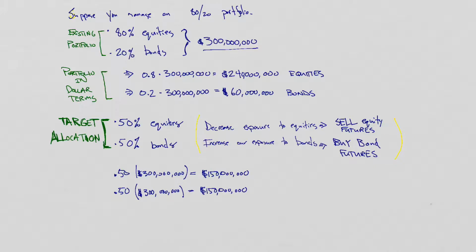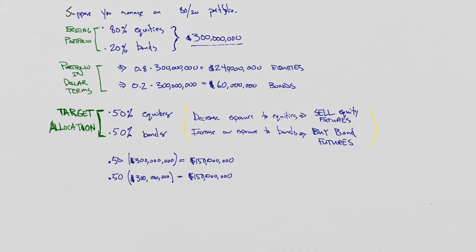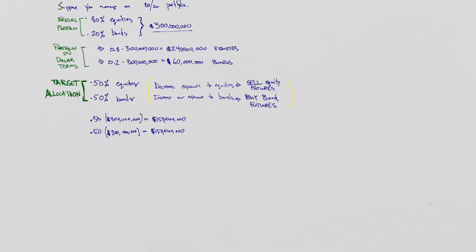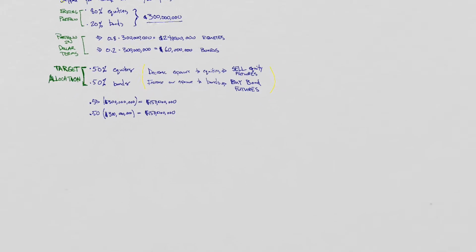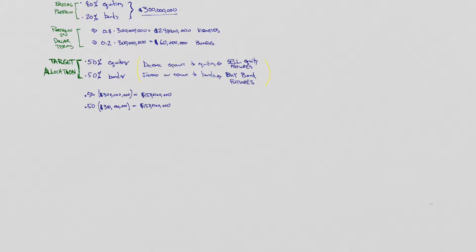And so we need to get from 240 million and 60 million to 150 million and 150 million. We need to get from here to here.